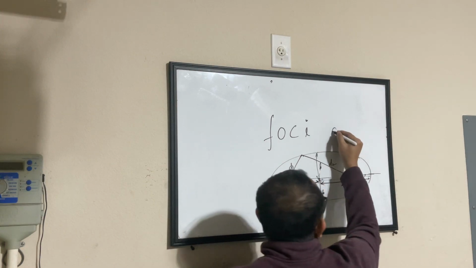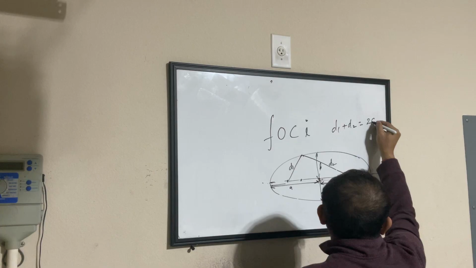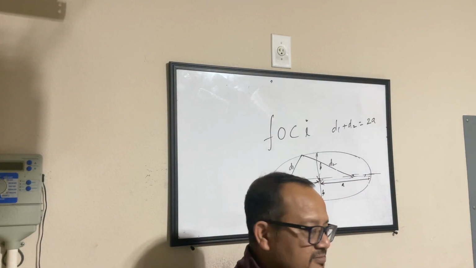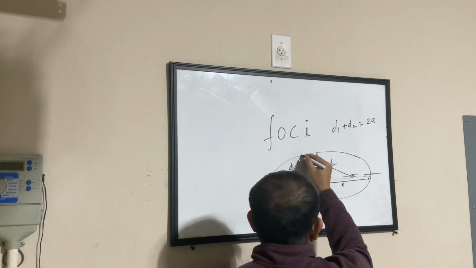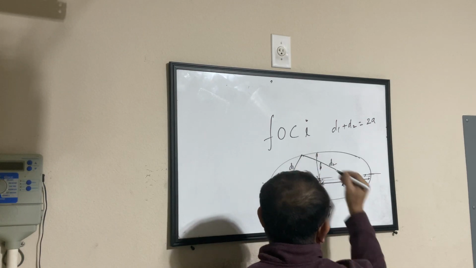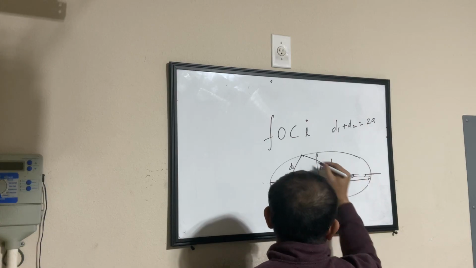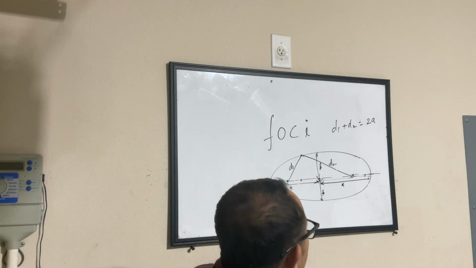This D1 plus D2 will be equal to 2 times the major radius, 2a.